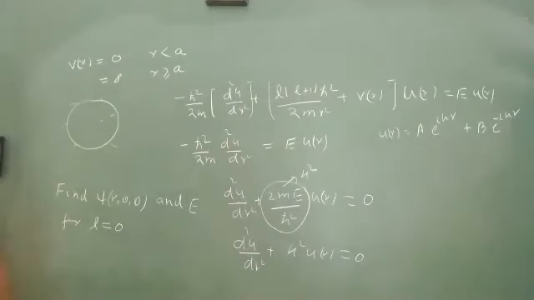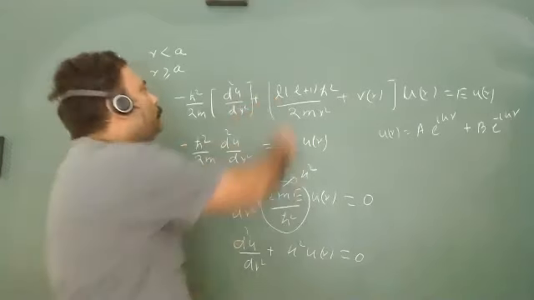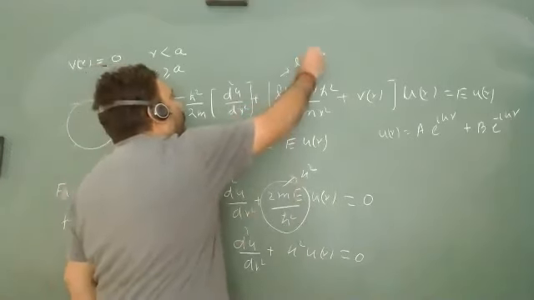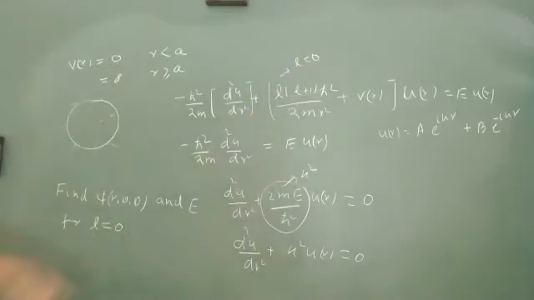And we have used the boundary condition. Sir, is V effective 0 or V of r 0? V effective itself is 0 because I have chosen L equal to 0. I am solving for L equal to 0, for the spherical waves only.